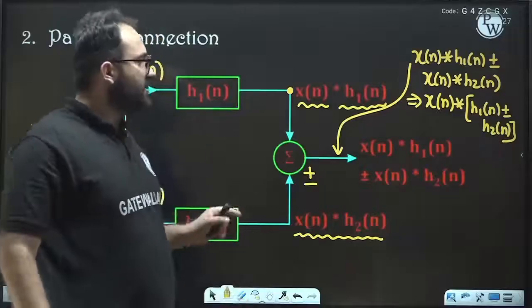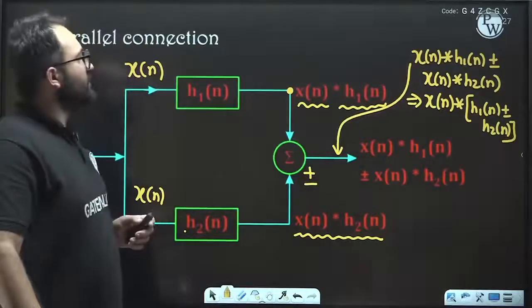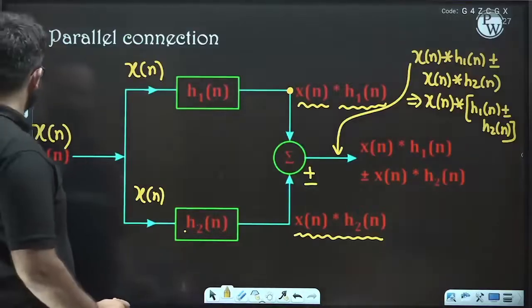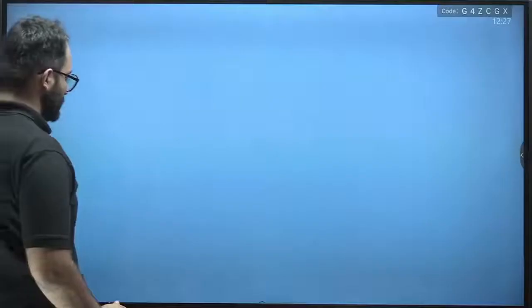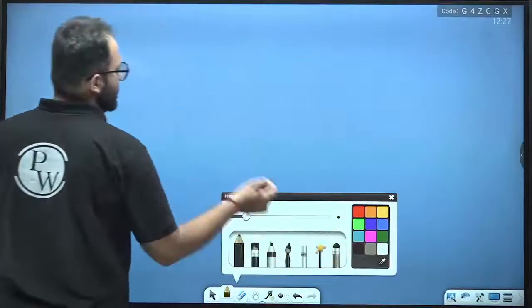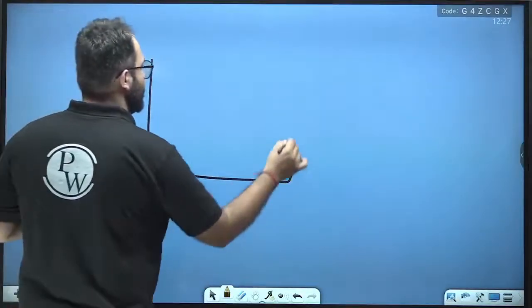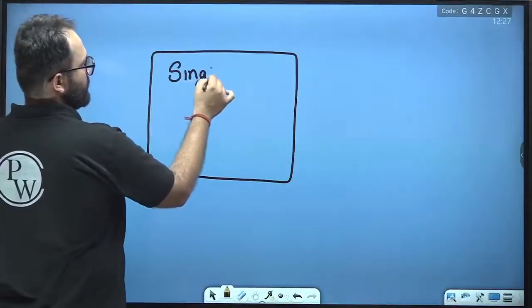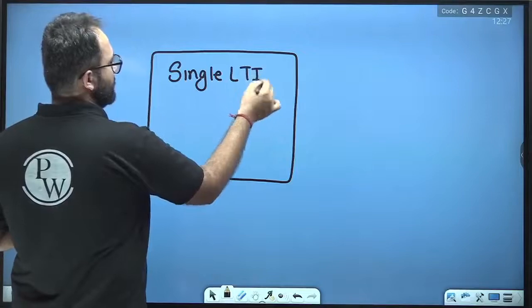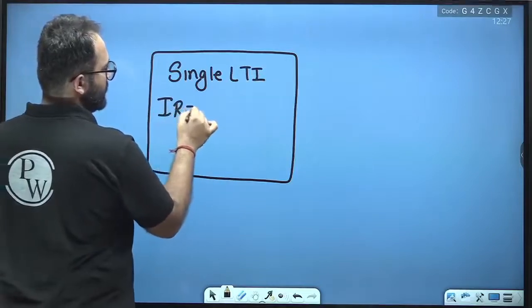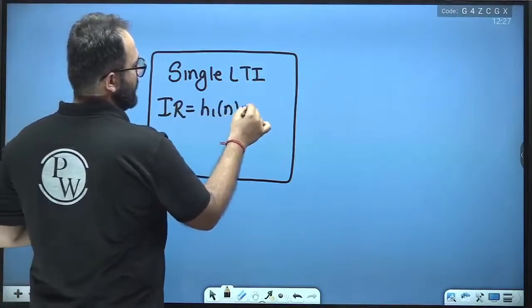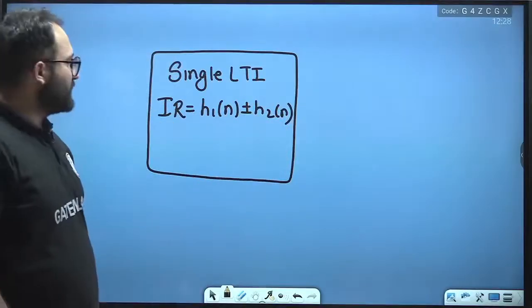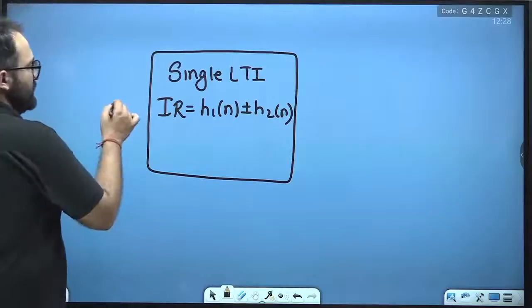So we can replace this whole combination by a single LTI system with impulse response equal to h1n plus minus h2n.